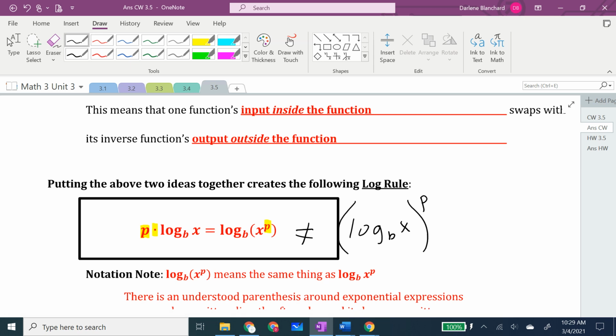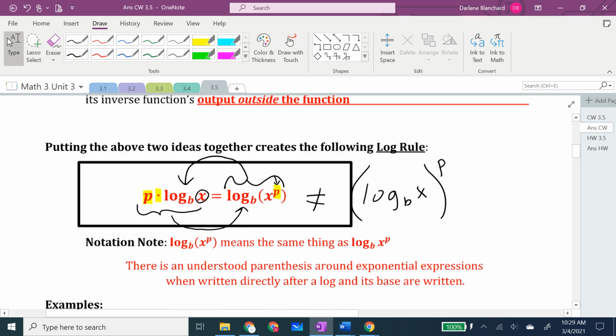The exponentiation of this p is inside the logarithm, and it's only for what was previously in the logarithm. When you expand, you're going to go from this to this. When you condense, you're going to go from a multiplication and turn it into an exponent.